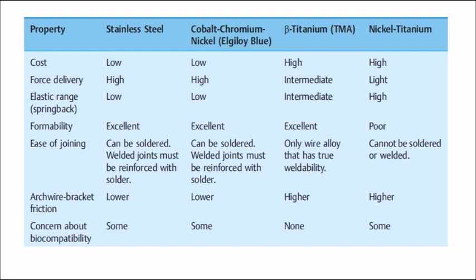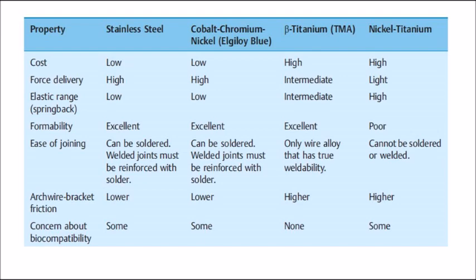So the only arch wire alloy that has true weldability is beta titanium, and the arch wire which can neither be soldered nor welded is nickel titanium. Stainless steel as well as cobalt chromium can be soldered, but for welding you need reinforcement with solder.